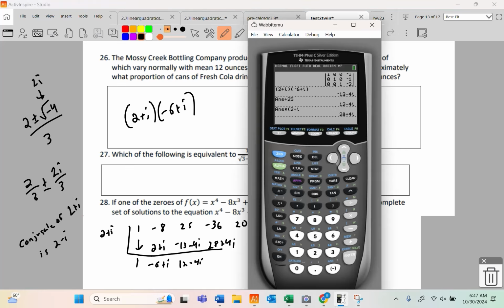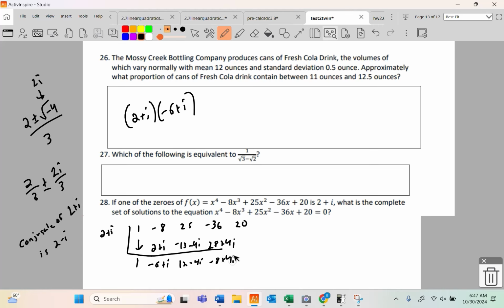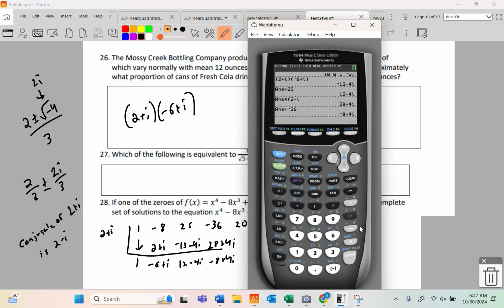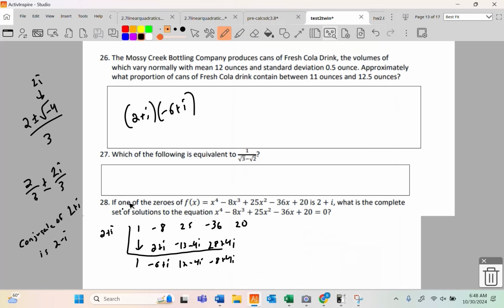And what I have to do is add a -36 to that, because I add down, and I get -8 plus 4i. And then I multiply again, so times 2 plus i. I got -20. When I add down, I get a 0. Therefore, it had a remainder of 0.